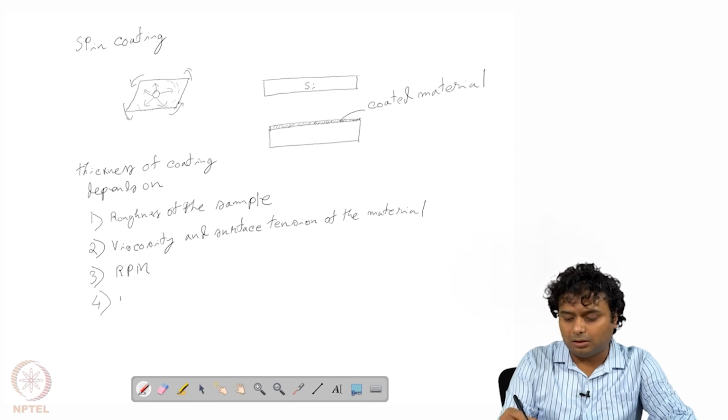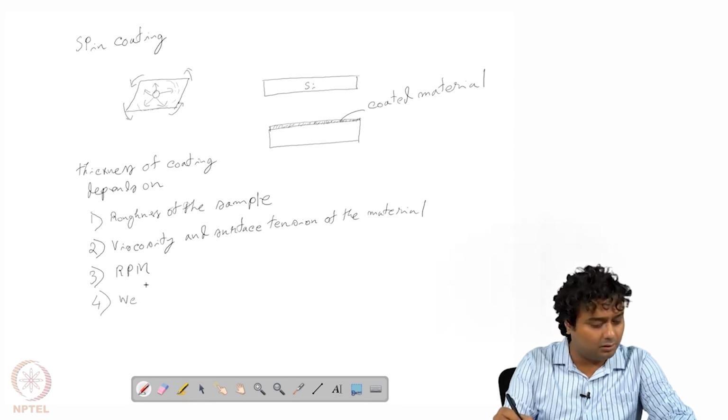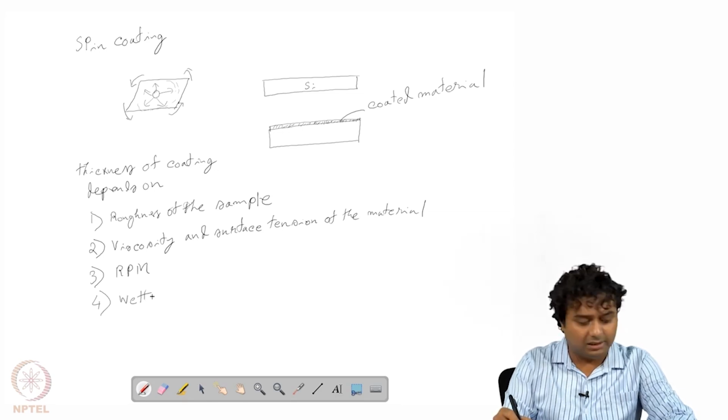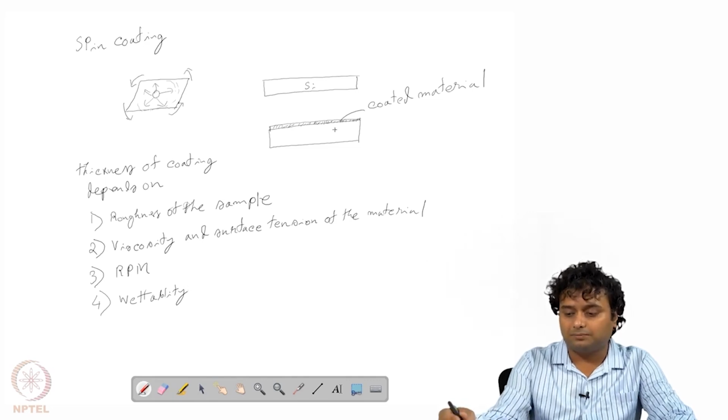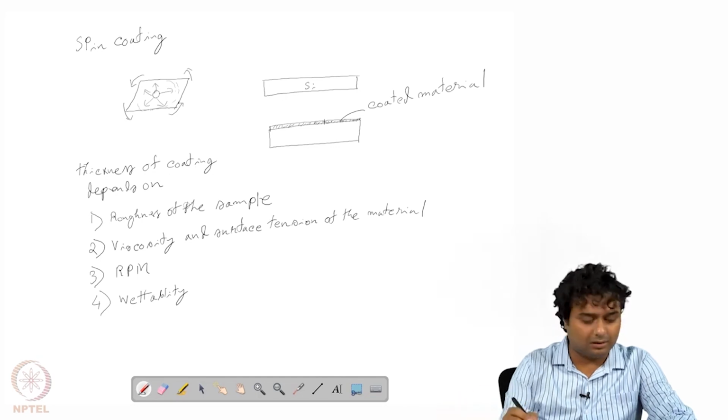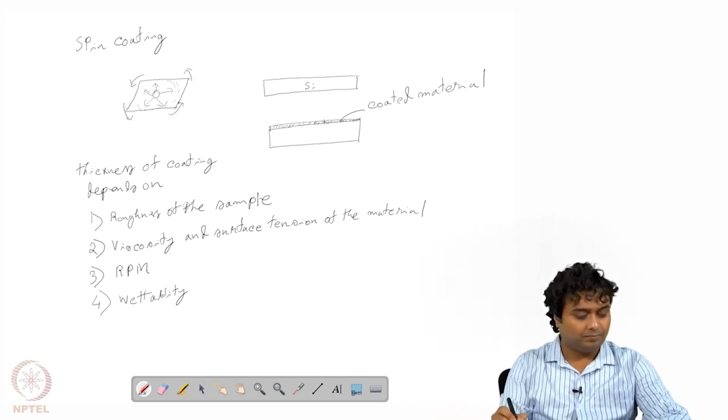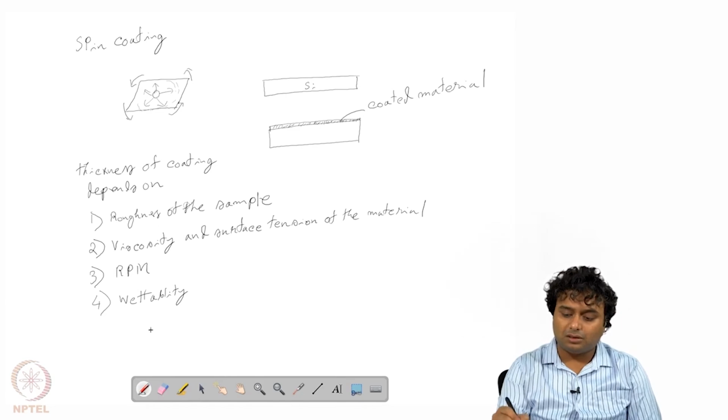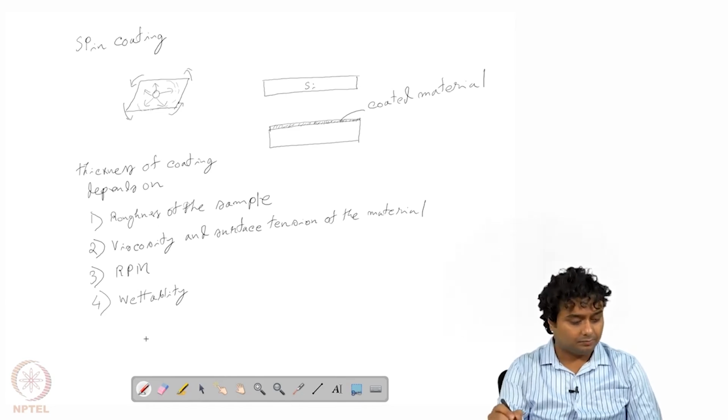Then there is wettability, which is also related to some extent to the surface tension: how the coated material and the substrate like each other. So wettability and so on are different parameters on which the coating thickness will depend.